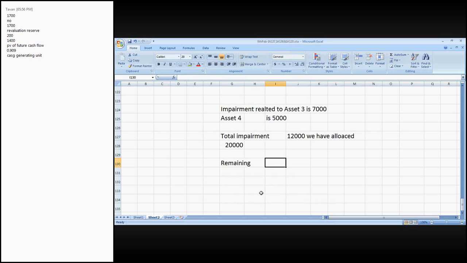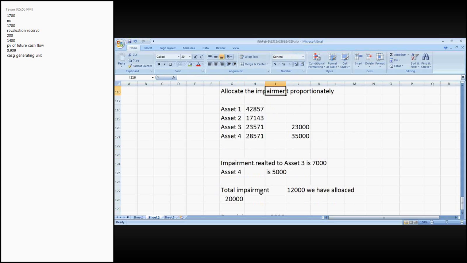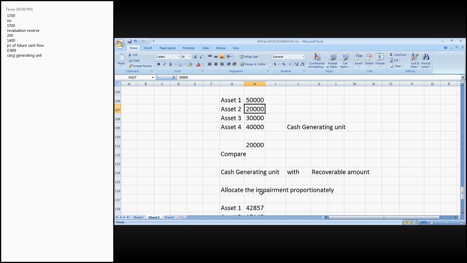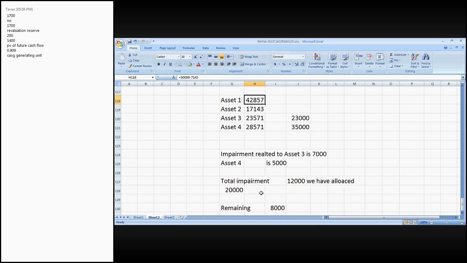The 8,000 will be apportioned appropriately among assets 1 and 2, that is in the ratio 5:2, so 5 by 7 and 2 by 7. 5 by 7 into 8,000 is the impairment suffered by the first asset, and 2 by 7 into 8,000 is the impairment suffered by the second asset. So the value of the new asset will be 50,000 minus 5,714.